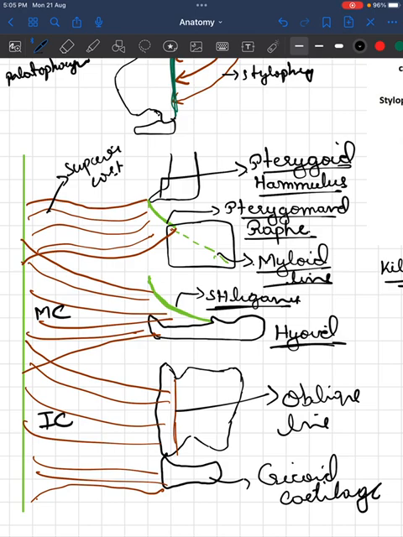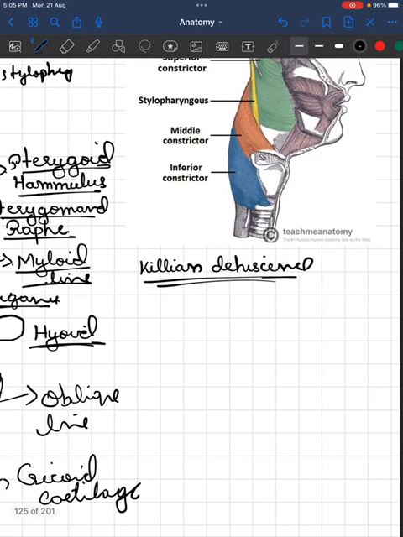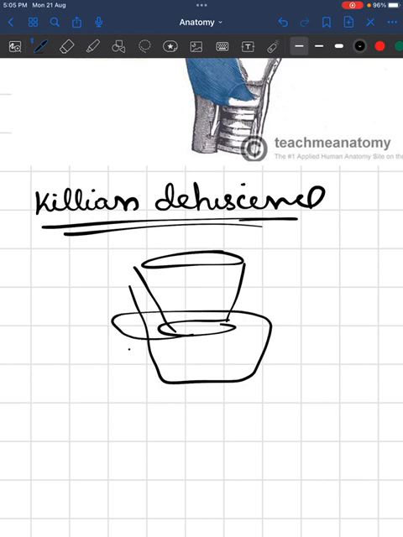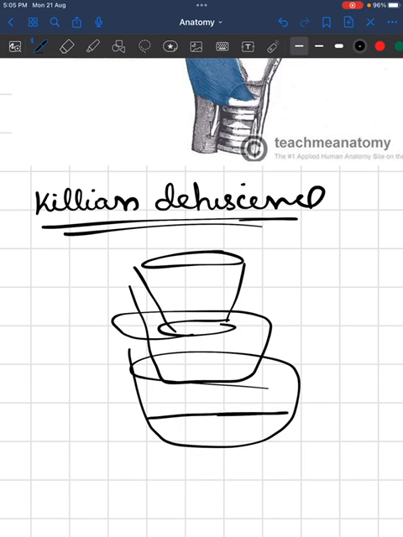There is one important point about Killian's dehiscence. The superior and inferior constrictors are arranged like a cup in a cup manner, but in the inferior constrictor, between the two parts, there is a weak point due to different nerve supply.